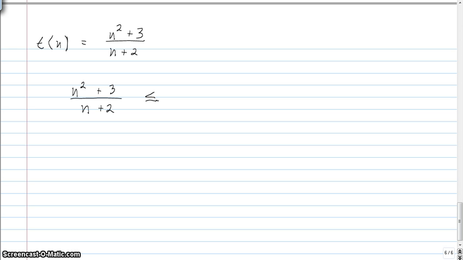Okay, so in getting the big O notation, I've got to put something over here that's greater than or equal to what's over here. Now I've got a rational expression, which ultimately is just a fraction. Right? Now let's think about, we have some fraction. We can make that fraction larger if we do a couple of things.